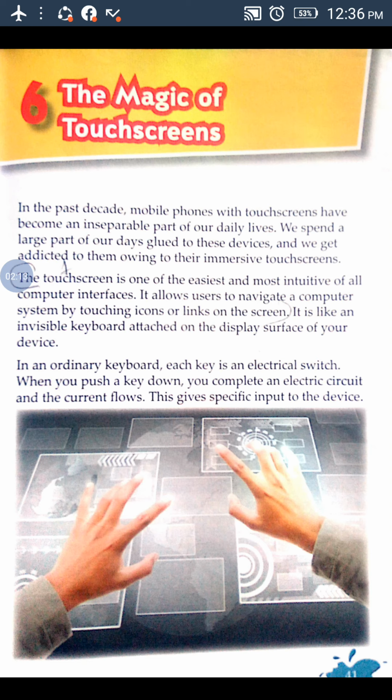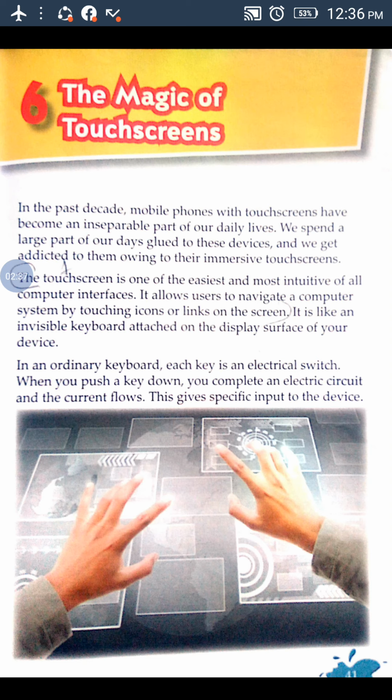In an ordinary keyboard, each key is an electrical switch. When you push a key down, you complete an electrical circuit and the current flows. This gives specific input to the device. So when you all use the keyboard, what is happening? Each key is an electrical switch. You all know switches which are on the board in your house.